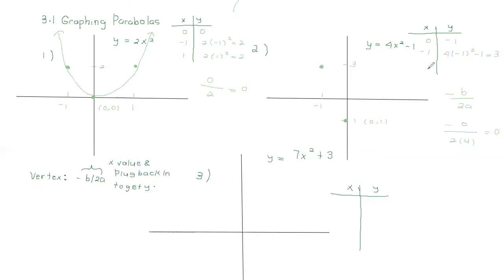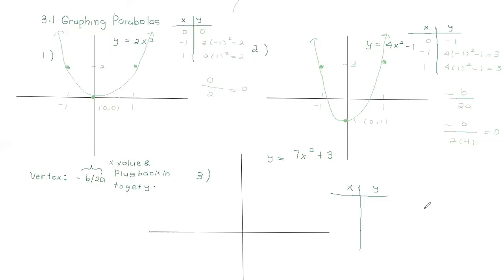If we plug in 1 as the x value for this equation, we also get 3. As a result, our parabola for question number 2 is concave up. Our vertex is 0, negative 1.